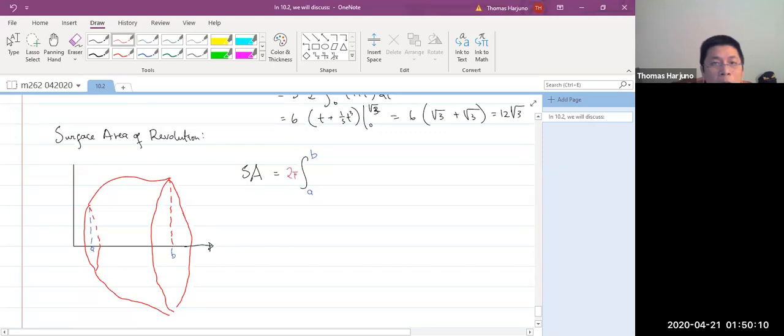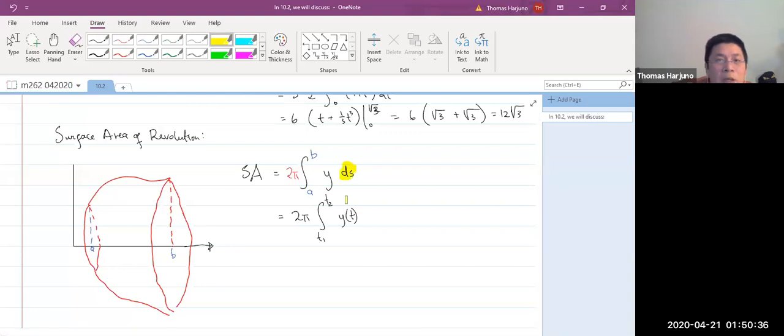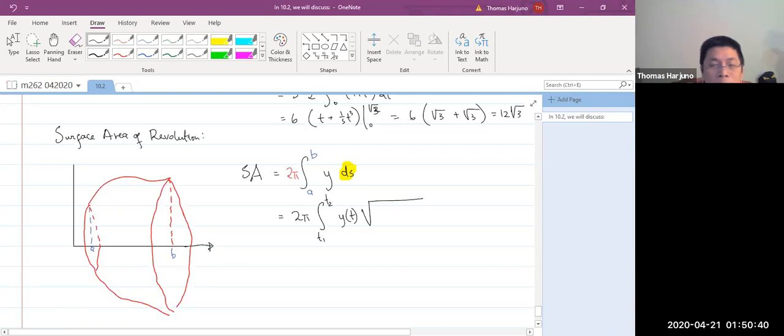Which if we rewrite further, that's 2 pi integral from t1 to t2, because later on in terms of t, y as a function of t, the ds will be square root of x prime squared plus y prime squared dt. That's what the ds will be.